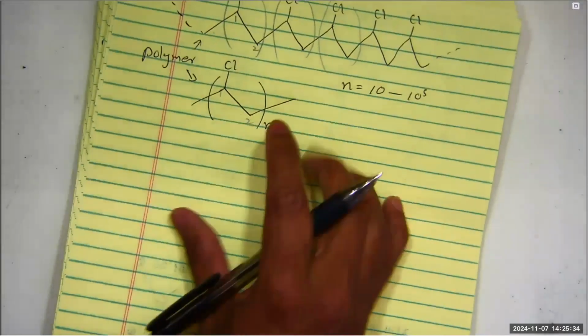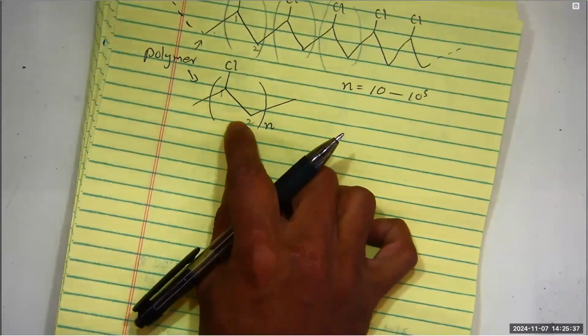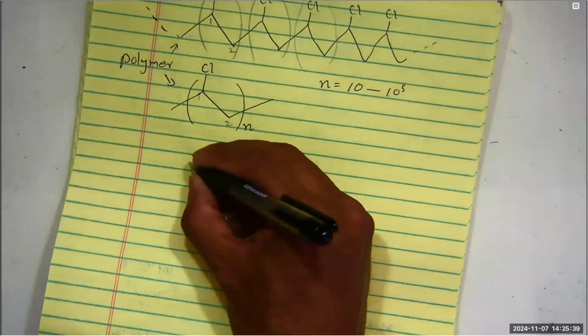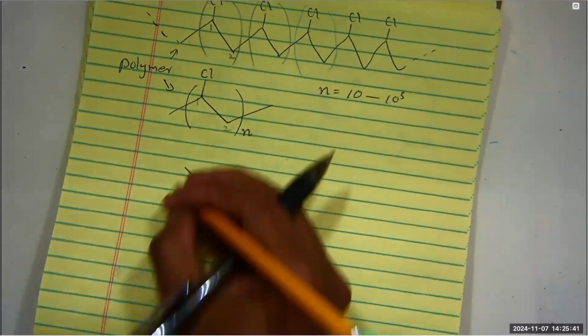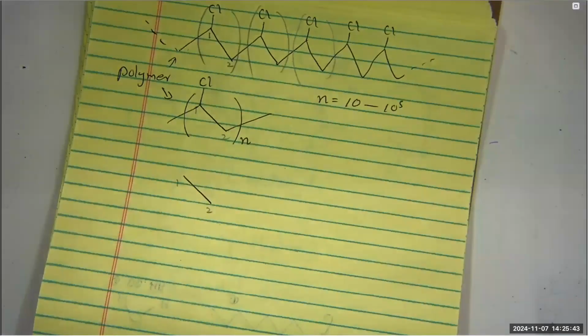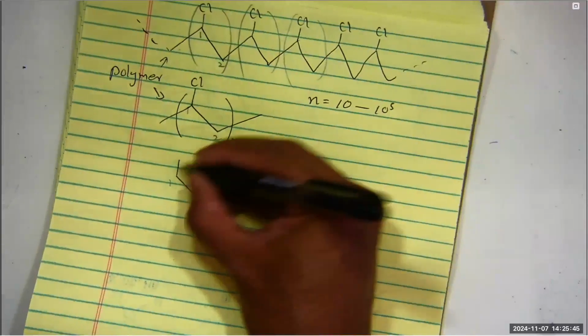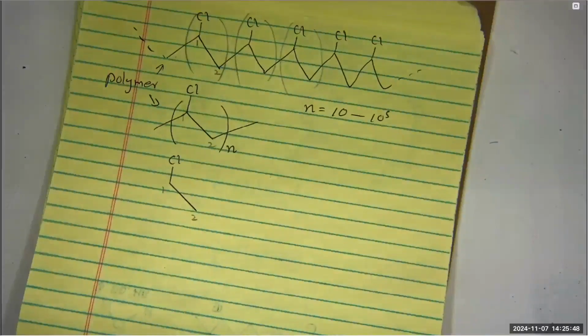And the other thing you should be able to do, you will be tested on this as well, is to come up with the monomer for this polymer, because polymers are made by polymerizing monomers. So what monomer gave rise to this polymer? If somebody asks you that, this is all you need to do. You again draw the repeat unit. Here's my carbon 1, carbon 2, and to carbon 1 I have this chlorine bonded in this case.